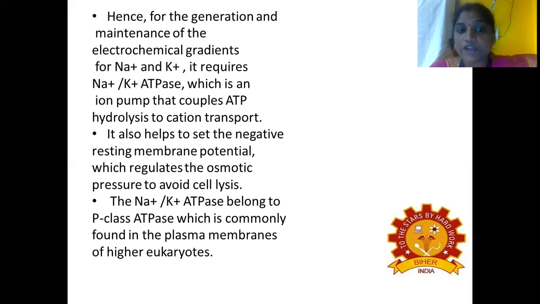It is an ion pump that couples ATP hydrolysis to cation transport. It also helps to set the negative resting membrane potential, which regulates the osmotic pressure to avoid cell lysis. The sodium potassium ATPase belongs to the P class ATPases, which are commonly found in the plasma membranes of higher eukaryotes.